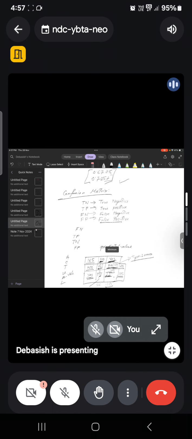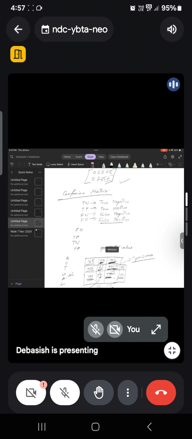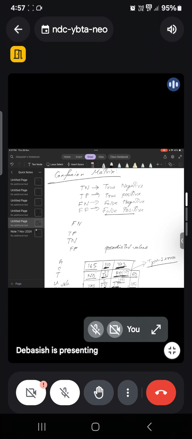If you are developing an ML model, then in a paper you always have to find the confusion matrix, because this will denote the accuracy of your ML model. So is there any confusion regarding the confusion matrix? Okay, I think you don't have.